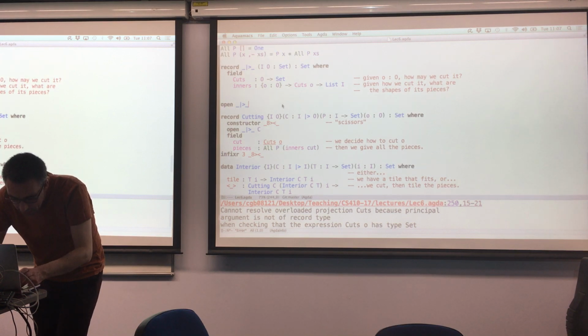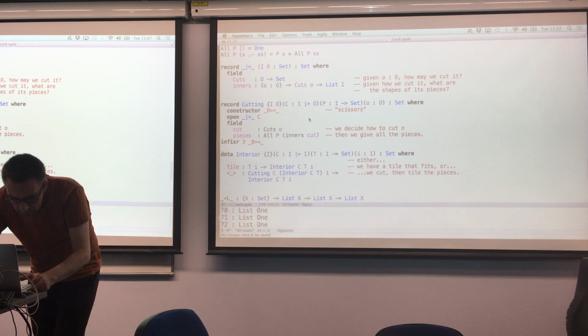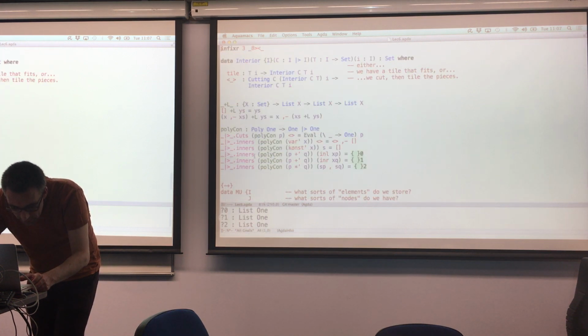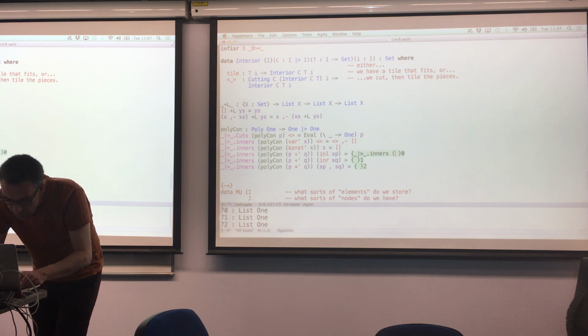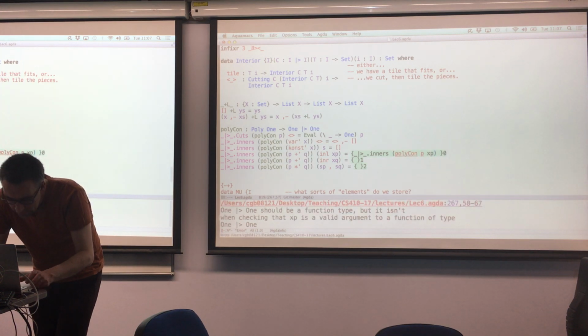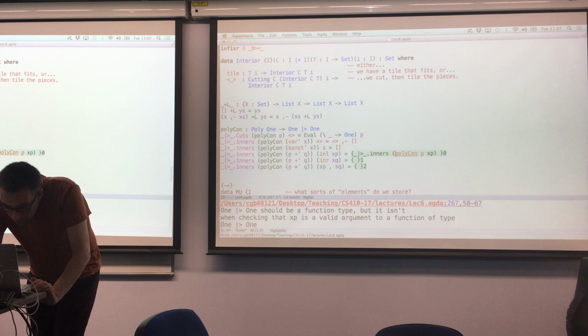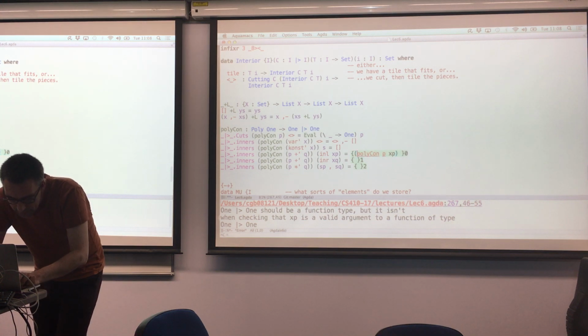What's its problem? Maybe I'm undoing it. What have I done with this? I've just put the brackets in the wrong place.